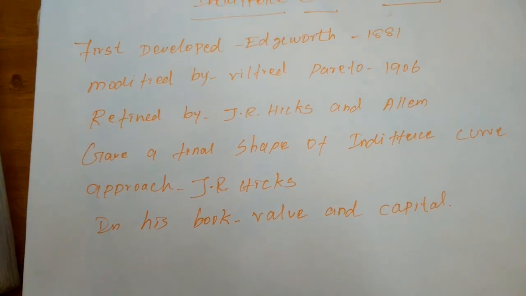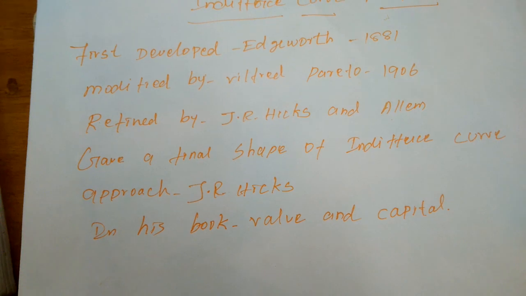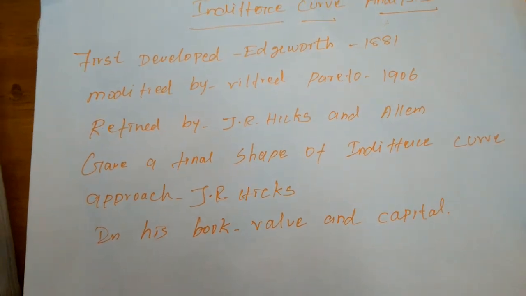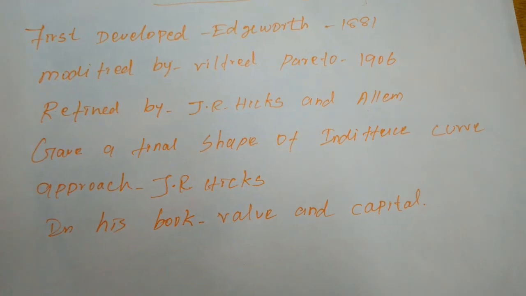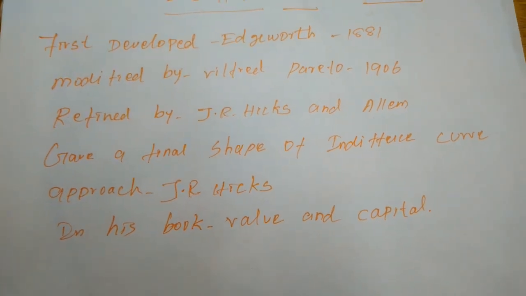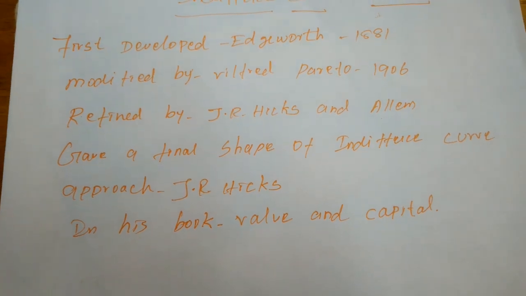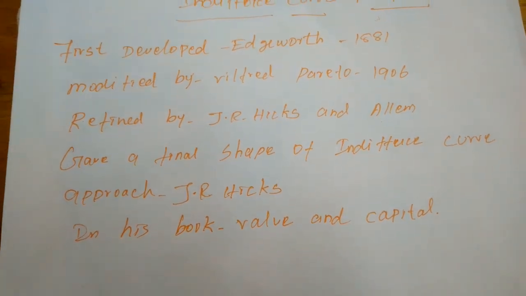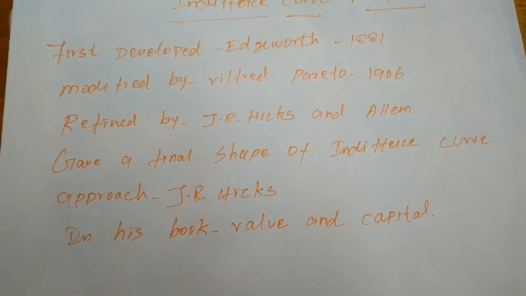Later, in 1939, J.R. Hicks in his book Value and Capital gave the final shape to the indifference curve analysis.